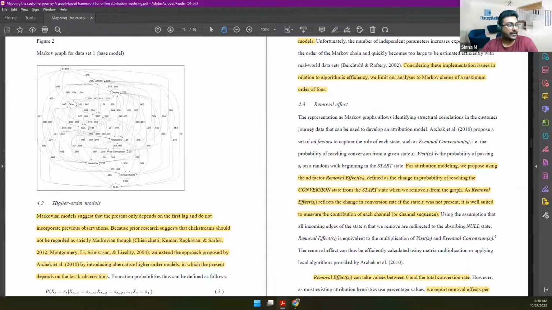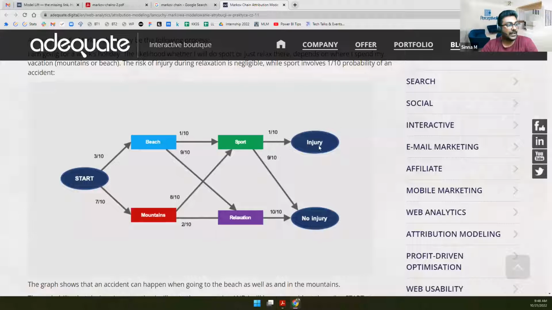If we go back to this, here if you see the injury, it is dependent upon sport, but it doesn't tell us, if a person is playing a sport at the beach, how much is the chance that he'll get injured, versus if a person is playing a sport at a mountain, how much is the chance that he'll get injured.